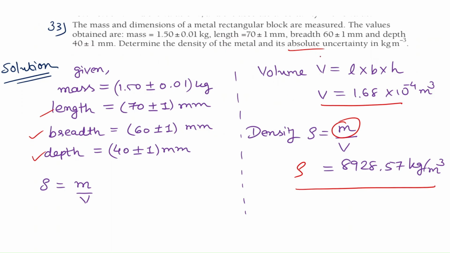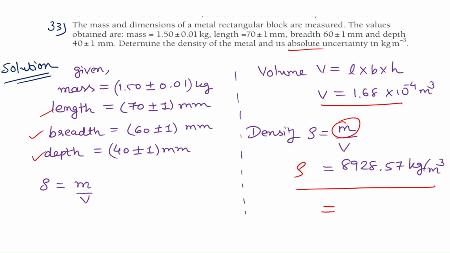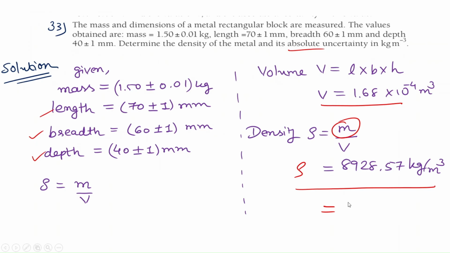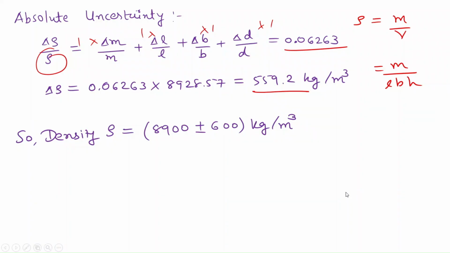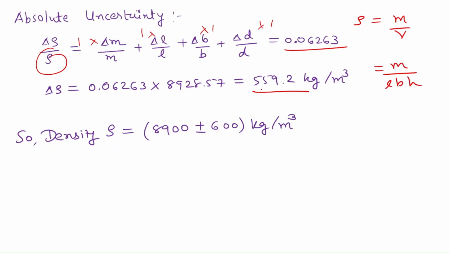Here they didn't mention rounding off, but I did round off: 8900 is very near to this, and for the 559, I wrote 600.